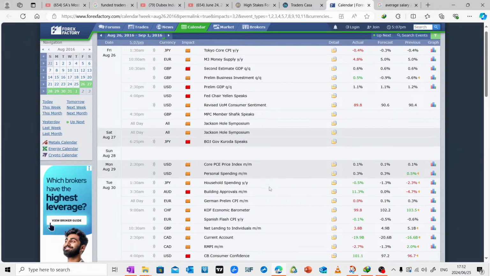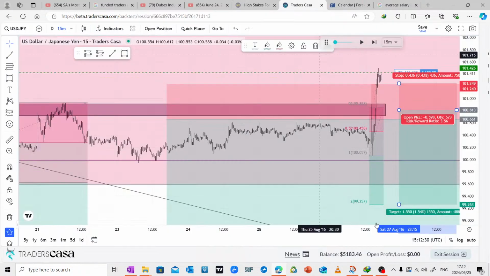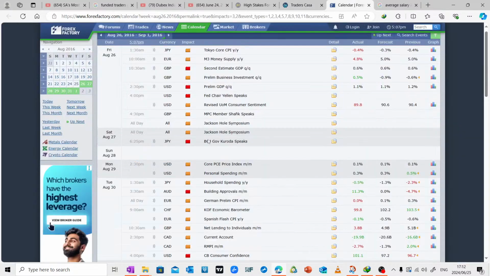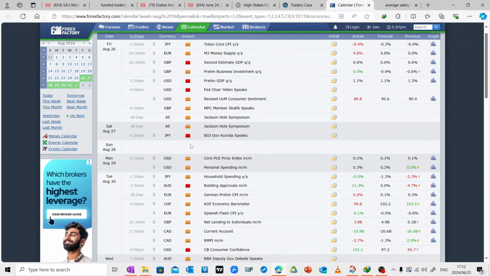So let's look at the current news events that was happening. What was the date there? The date was 16 August. So 16 August we had GBP, and we had JPY CPI announced. It was bad for the Japanese yen, which means it was gonna go higher.